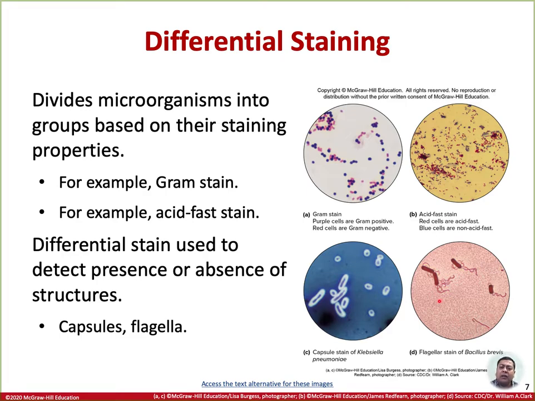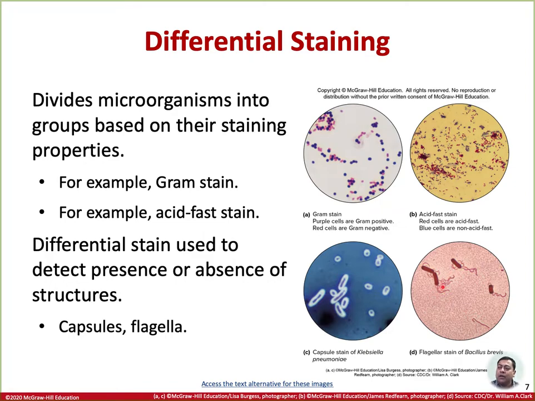To visualize these flagella under the bright field microscope, we can increase their thickness by coating them with mordants or helpers, such as tannic acid or potassium alum. Then staining with a dye such as basic fuchsin will allow the visualization of these flagella.